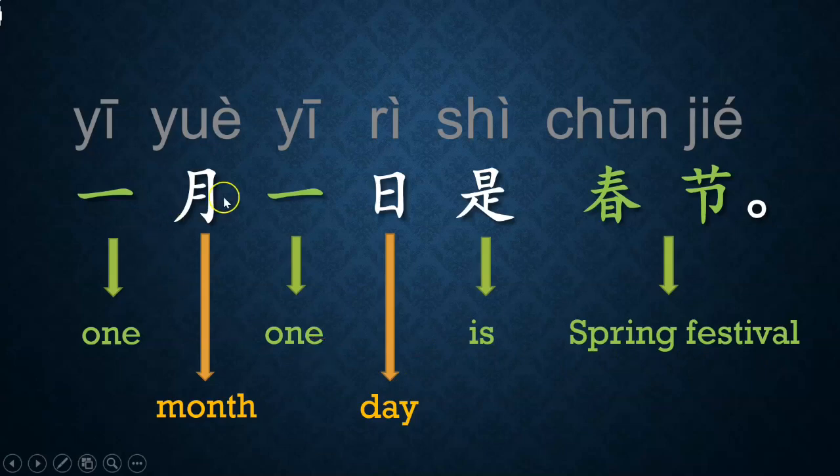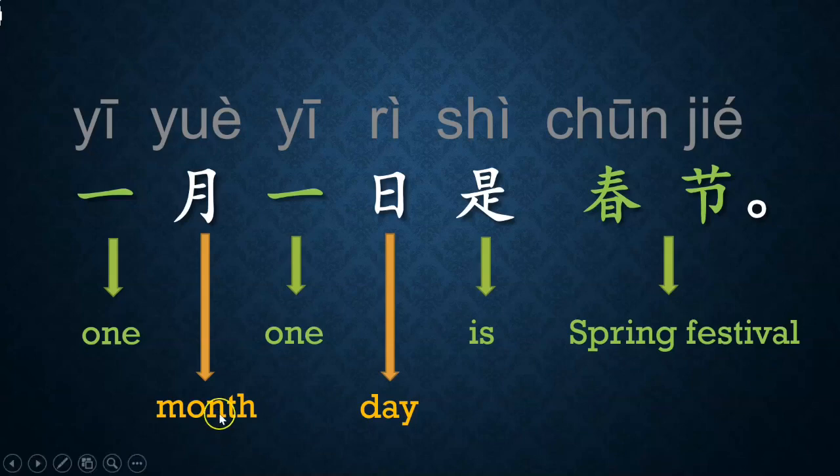This is the literal meaning of the sentence, word by word. But if we translate it word by word into English, it does sound a bit odd and it doesn't really make sense. 1 month, 1 day is Spring Festival.